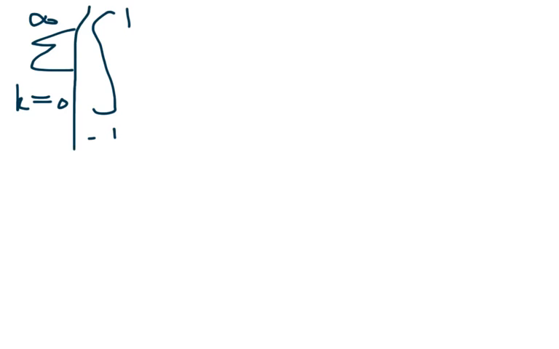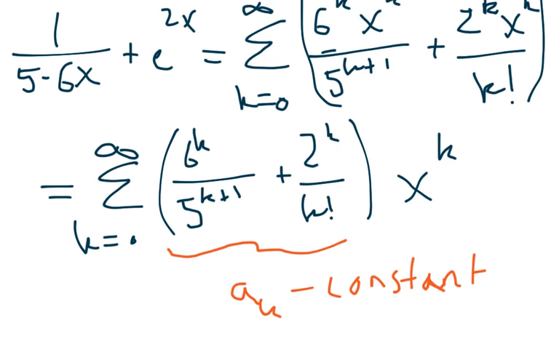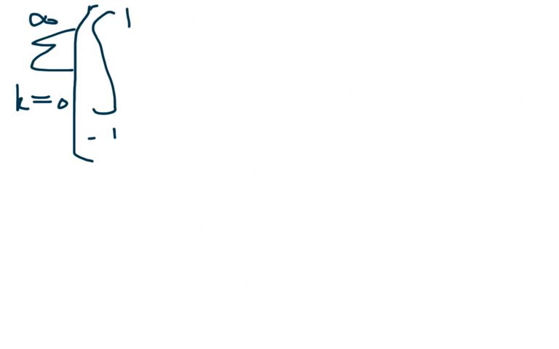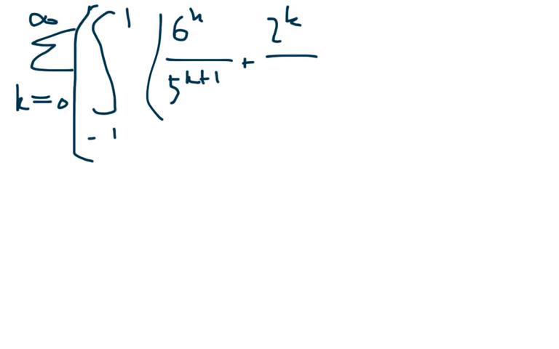We have one big parenthesis out here, and then we're going to just do each term, and this is 6 to the k over 5 to the k plus 1 plus 2 to the k over k factorial, x to the k dx, right?